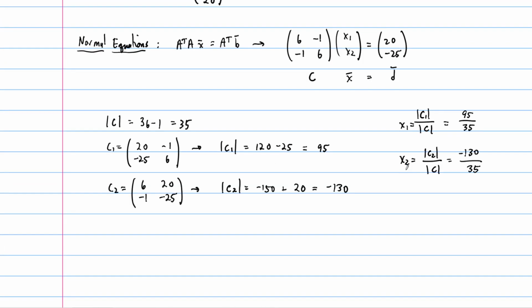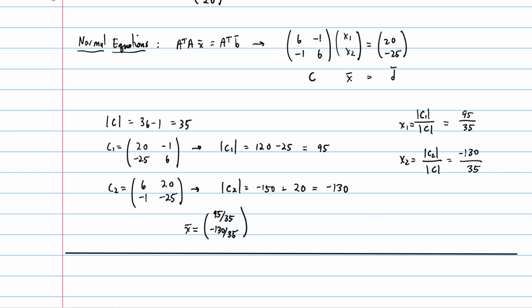So our vector x is going to be the vector 95 over 35 in the first component and negative 130 over 35 in the second component. All right, so there's an example of how the least squares solution can be found.